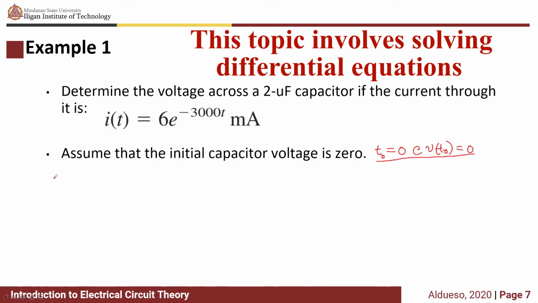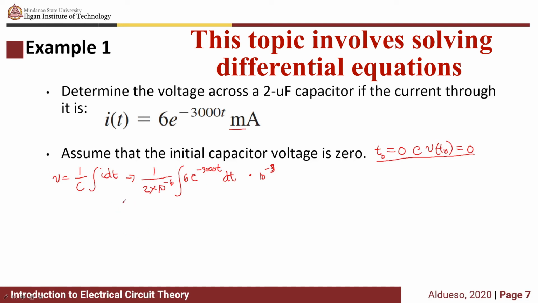Using the equation v equals 1 over C integral of I dt, and plugging in the values, we have 1 over 2 times 10 to the power of negative 6 integral of 6e to the negative 3000t dt, times 10 to the power of negative 3 because this is in milli.